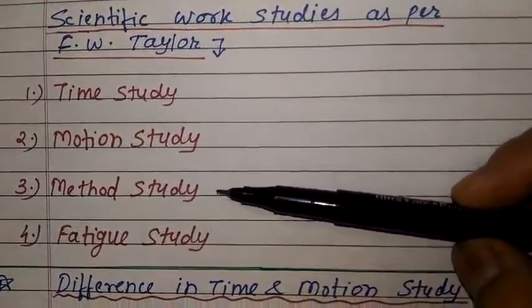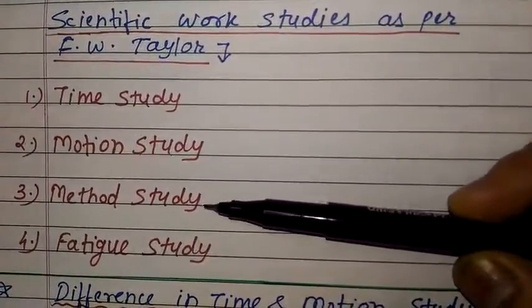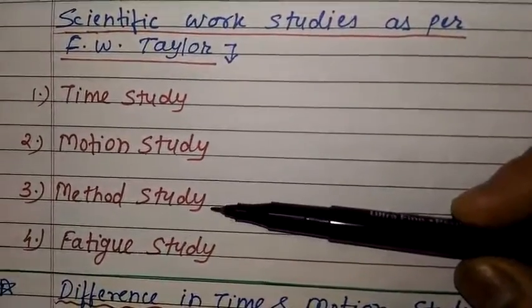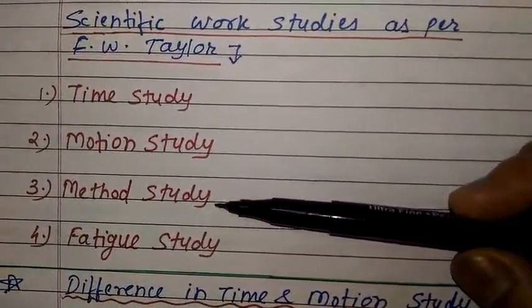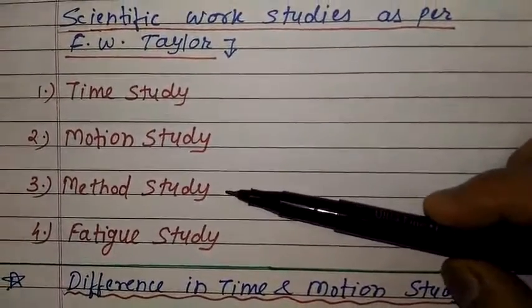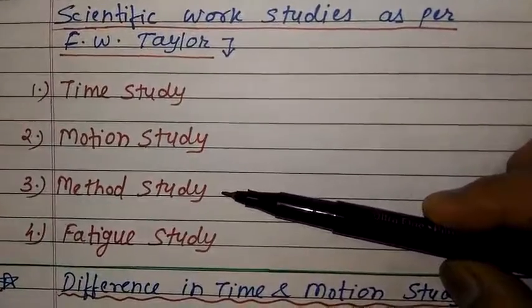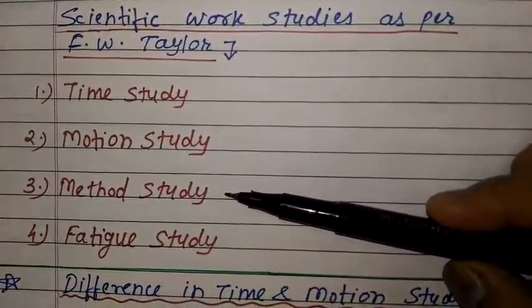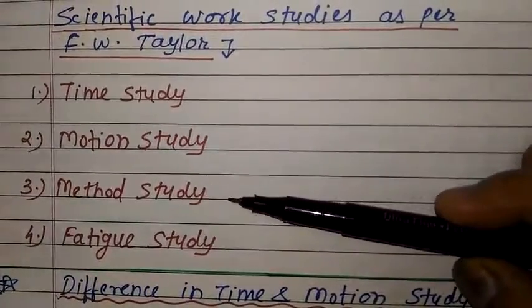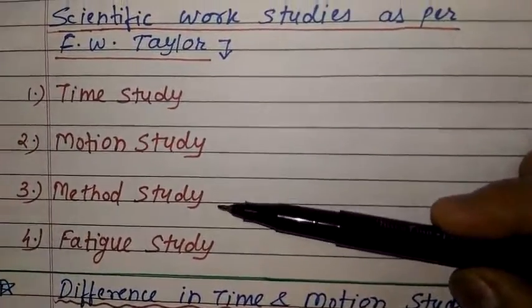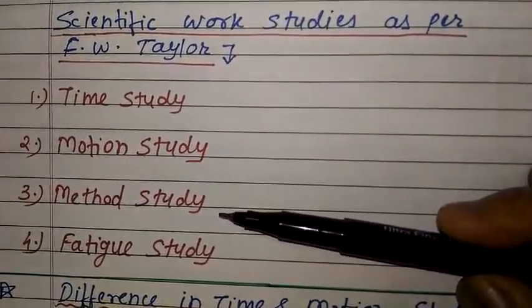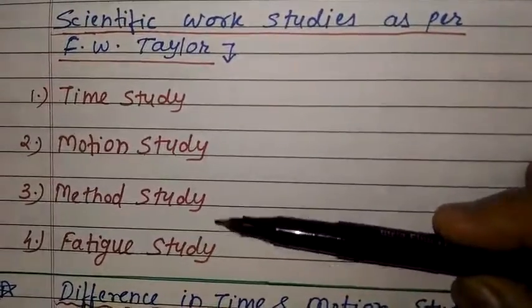Third is method study. Method study is related to the method of performing any job. There may be different methods for performing any task, and which method is suitable or appropriate, or which is the best method for performing that work, so that the worker does not get tired, can produce at the maximum level, and can comfortably fulfill the task.